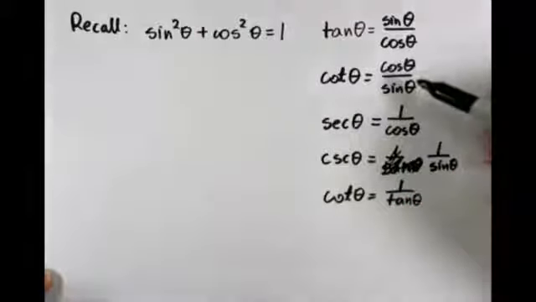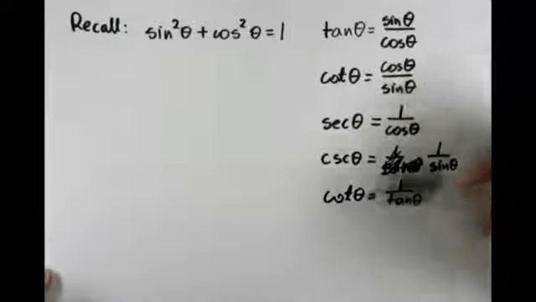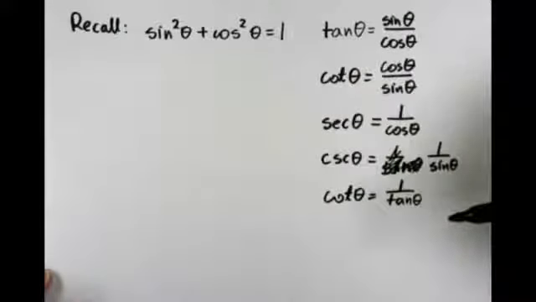So cotangent can be cos over sine, or cotangent can be 1 over tangent.